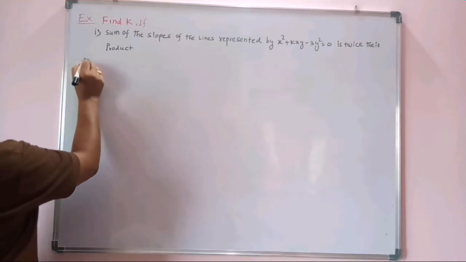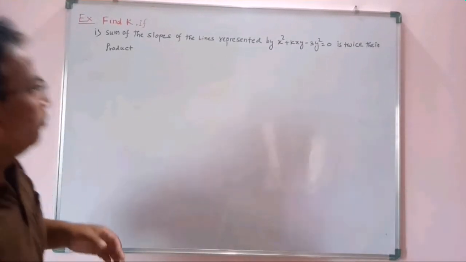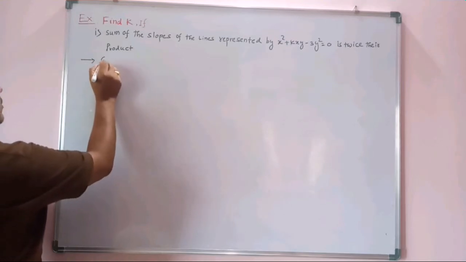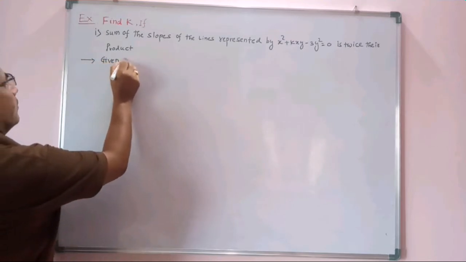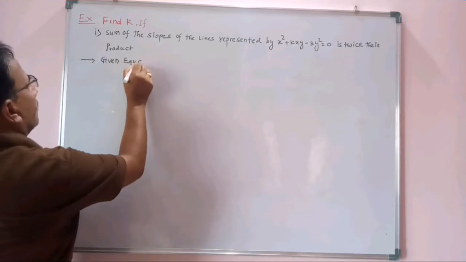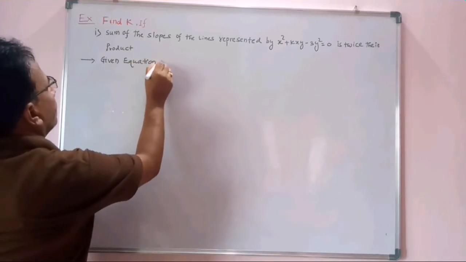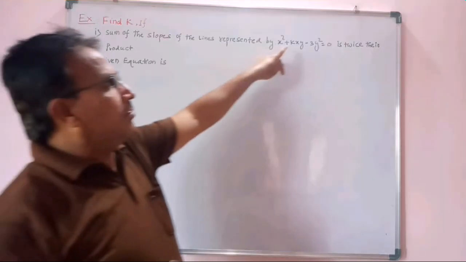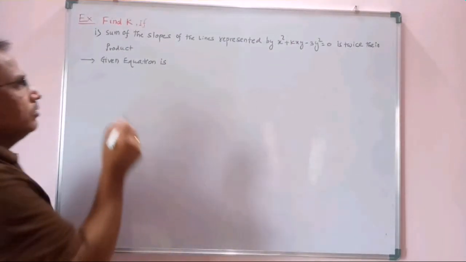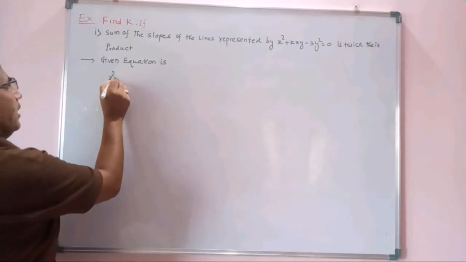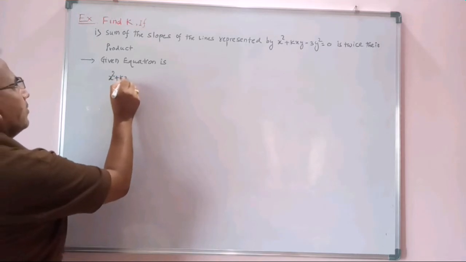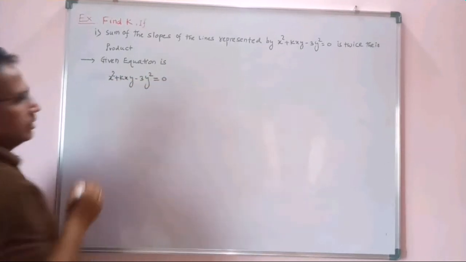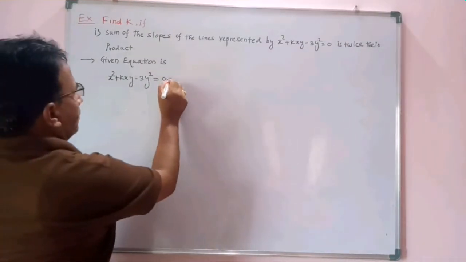Therefore, the solution is: the given equation is x square plus kxy minus 3y square equal to 0. This is equation first.